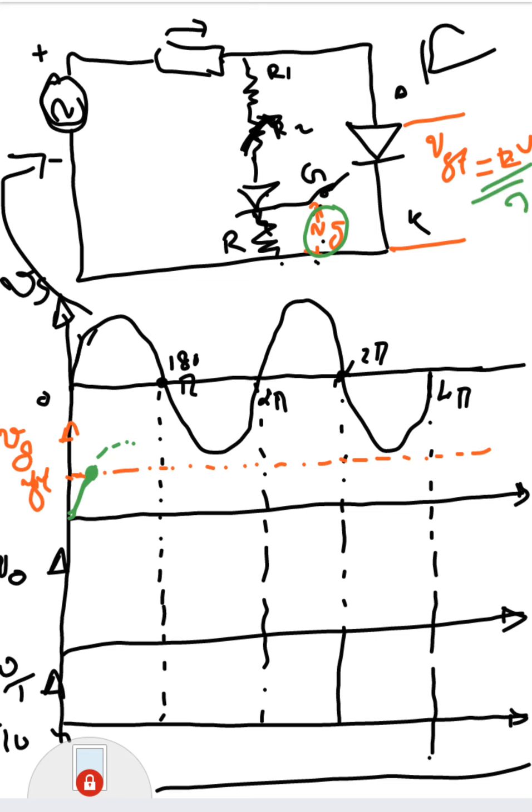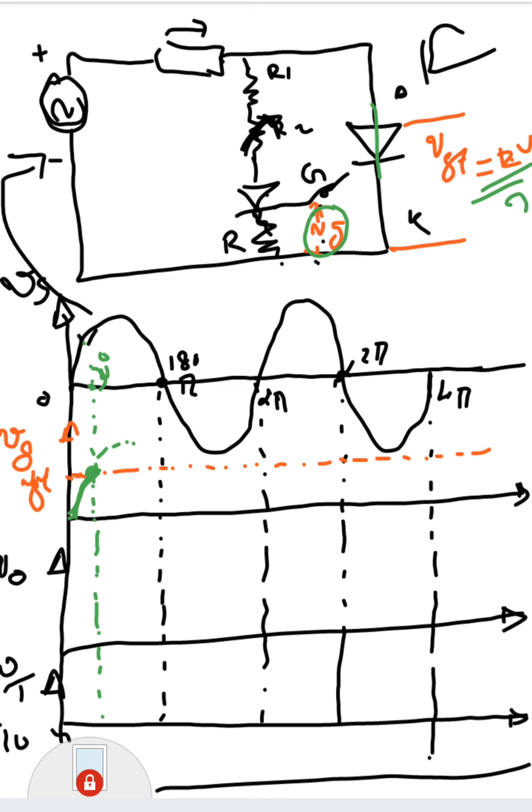So when VGT is reached here, immediately the SCR will trigger. So this is the angle. Say this is at 30 degree. So at 30 degree, the voltage across the gate reaches VGT, and after that, what will happen? SCR will turn on.